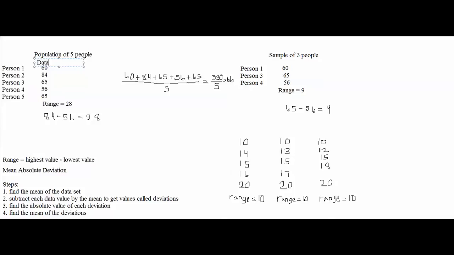Right here I'll write data, so we remember that this is the set of data. Right now we're going to subtract each data value by the mean of 66. Maybe I'll move this down a little bit.